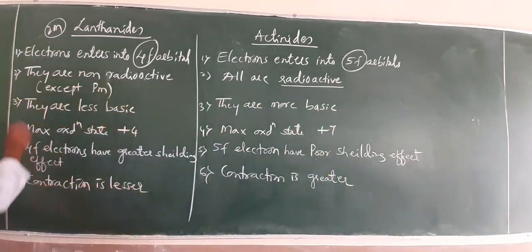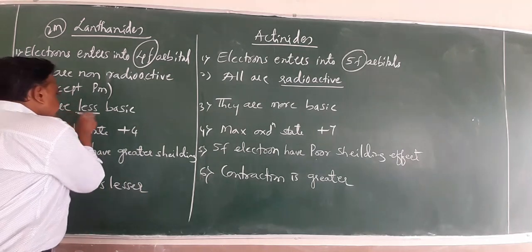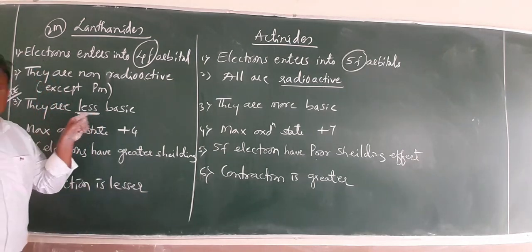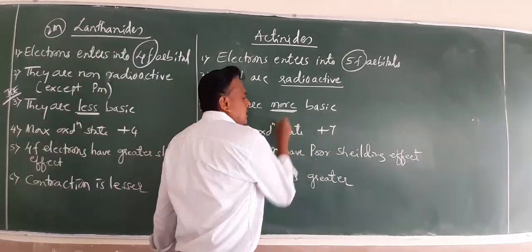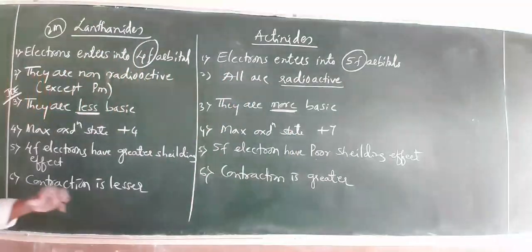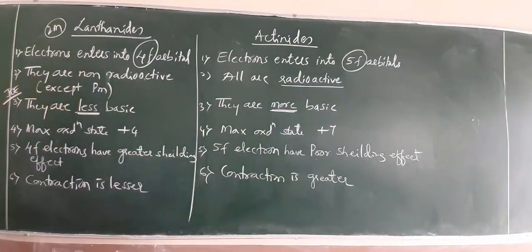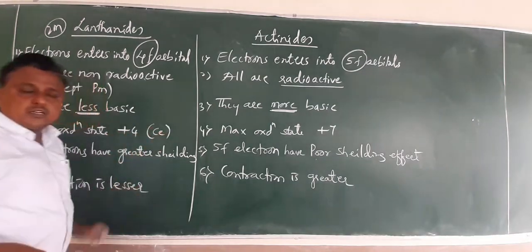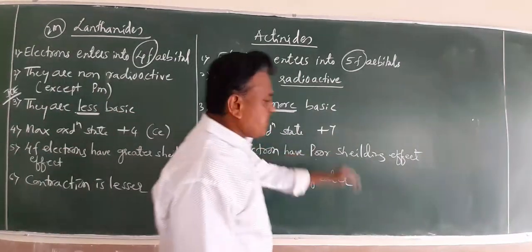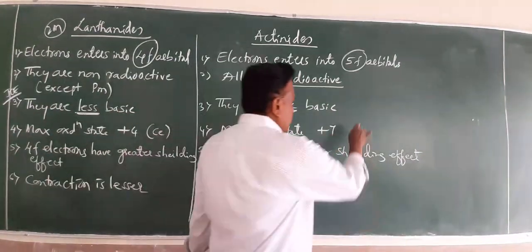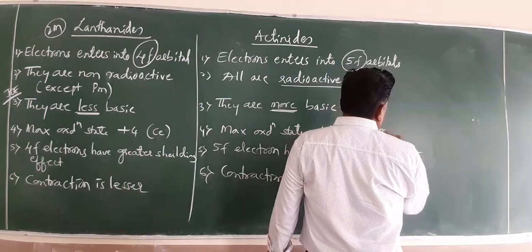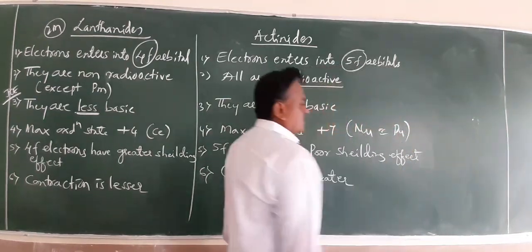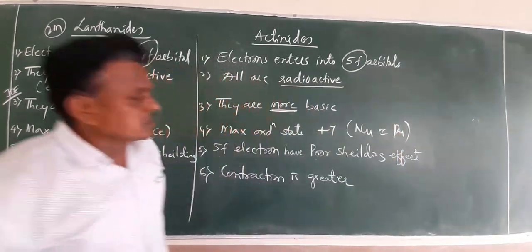The major concept for your exam: lanthanoids are less basic, the basicity is very low, but in actinoids the basicity is higher. In lanthanoids the maximum oxidation state is +4, for cerium, and in actinoids the maximum oxidation state is +7, for neptunium or plutonium.